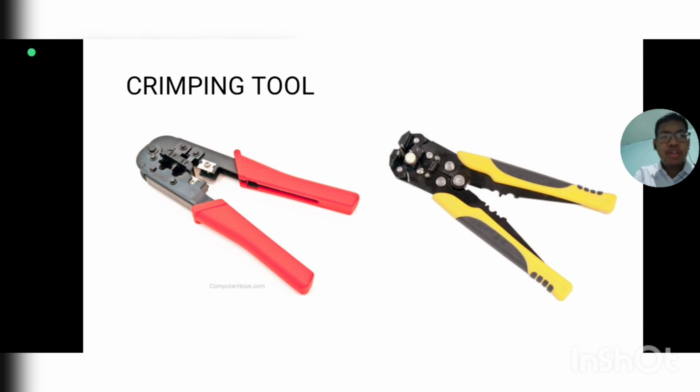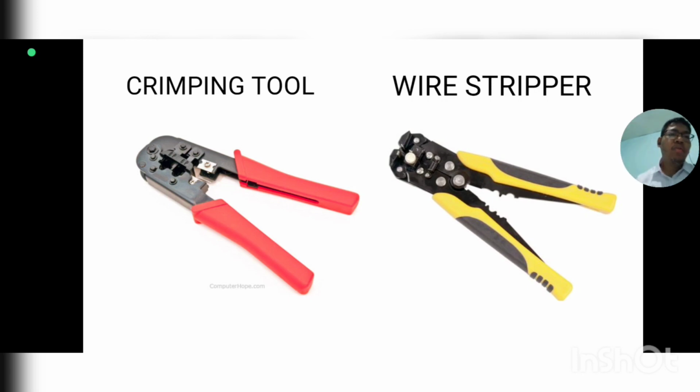Our stripper. So what is the use of a wire stripper? Okay, very good. It removes the insulation of our electric wires. It can also be used for cutting our wire.